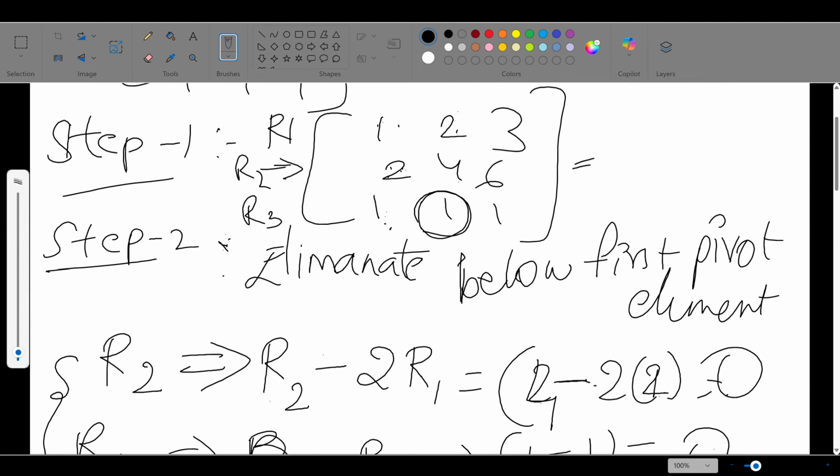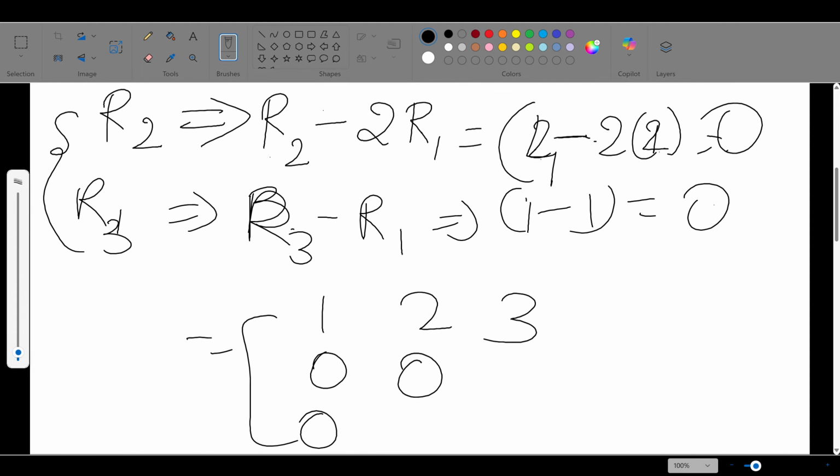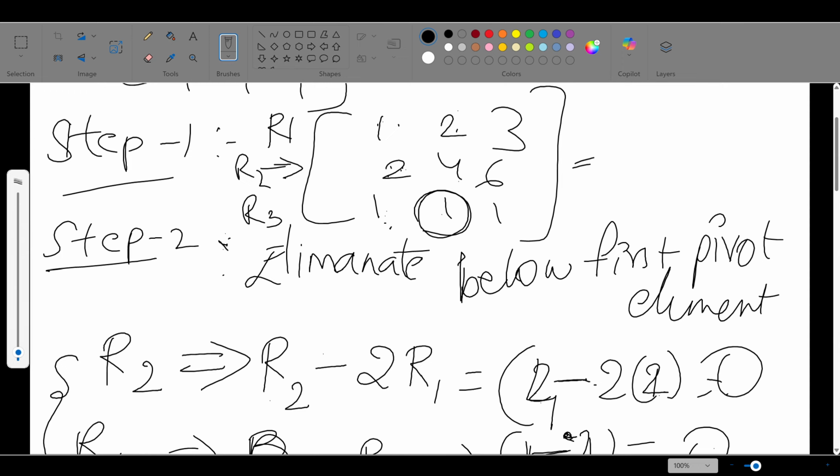Next 1 minus R1 is minus 2, right? Sorry, 2, right? So the result is minus 1. Just write the result as minus 1. Okay. Next, 6 minus 2 times 3 is 0.